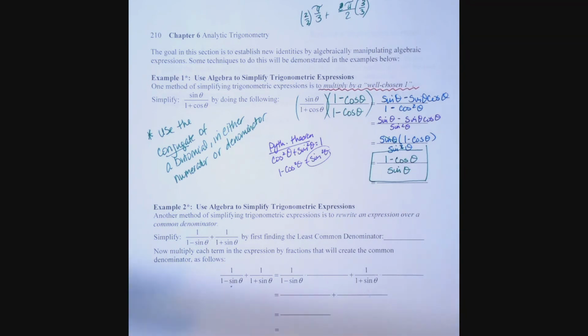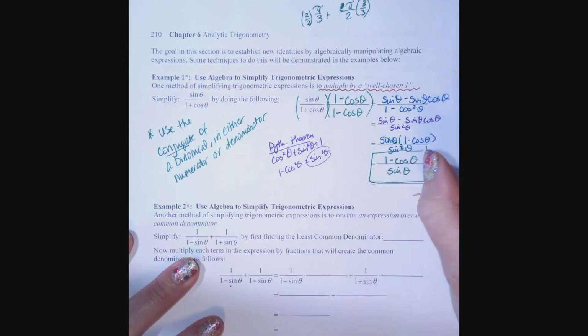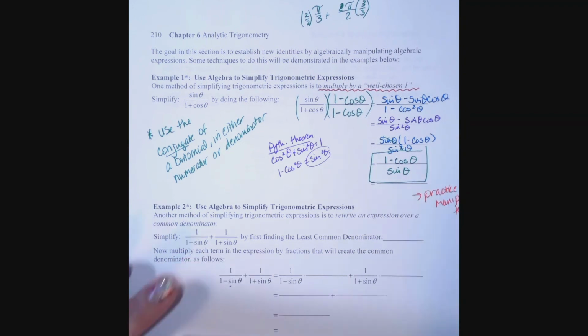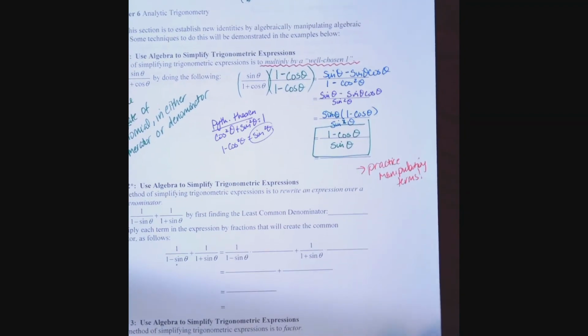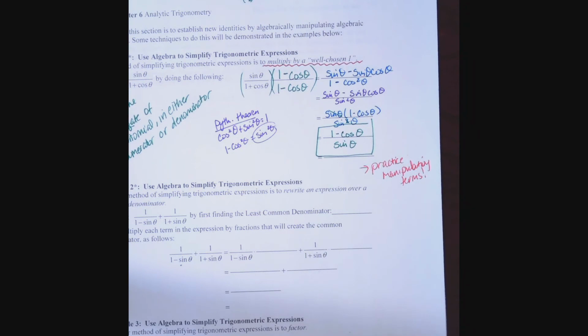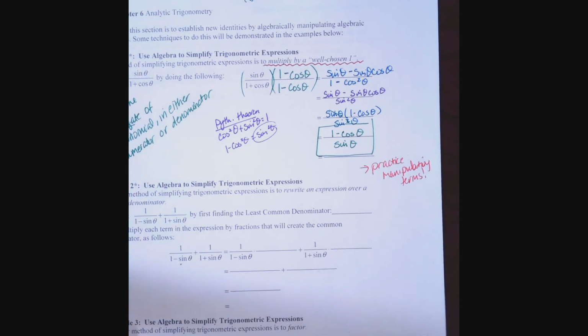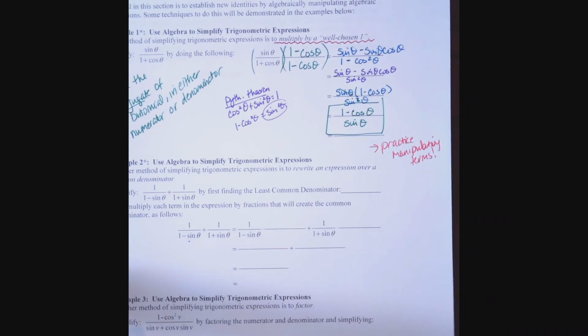That was our entire goal here. All this was a way for us to practice manipulating the terms. That's important because you have to know what you're allowed to do, and you have to know what works algebraically with your trig functions.